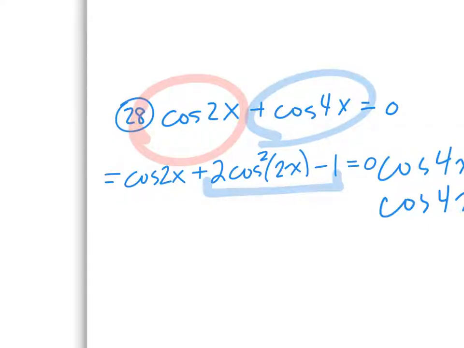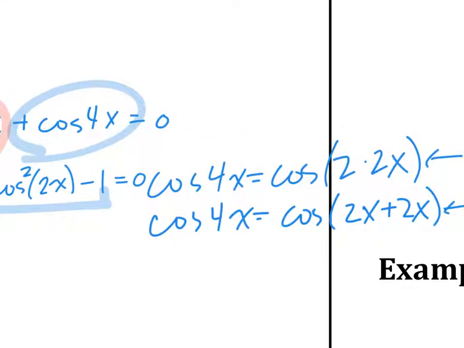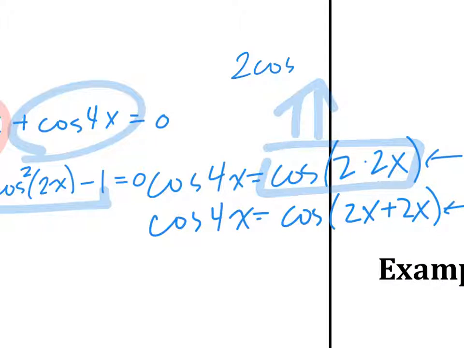Okay, so this is the application of this one here. This becomes 2 cosine squared 2x minus 1 because the variable here is 2x. Are you guys okay? Yes.